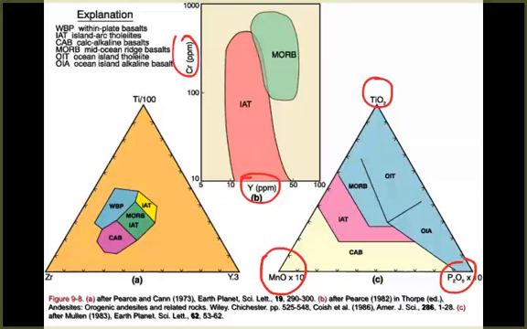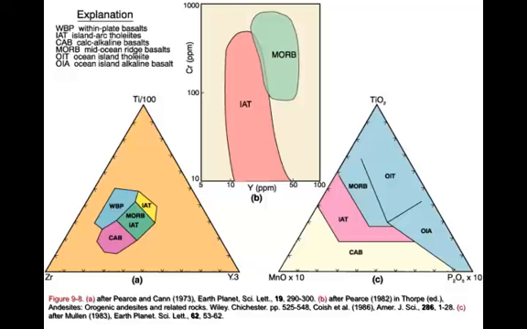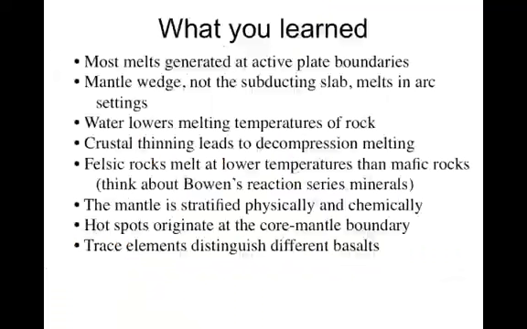But in the trace elements, as I alluded to when I described the lower mantle being enriched and the upper mantle being depleted, the trace elements will tell us whether we are studying a mid-ocean ridge basalt, an ocean island alkali basalt. These are island arc tholeiites, oceanic island tholeiites, calc-alkaline basalts. So those will help us to further distinguish between similar kinds of melts and where they might have been generated.